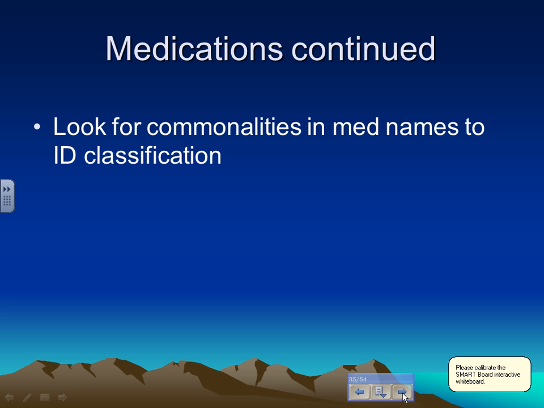And people who write these questions are from all over the country. So a common beta blocker that they're using a lot in California may not necessarily be one that rings the bell with you, but the generic will probably have the OLOL at the end, and you know about beta blockers. If you don't, you will by the time you get through with this course. And then you'll be able to answer that question.